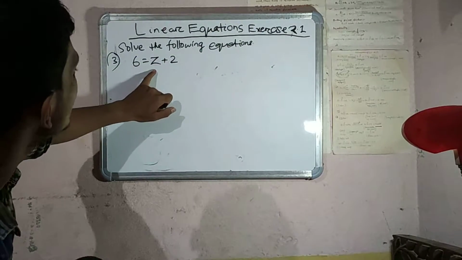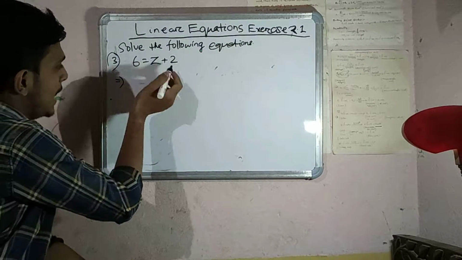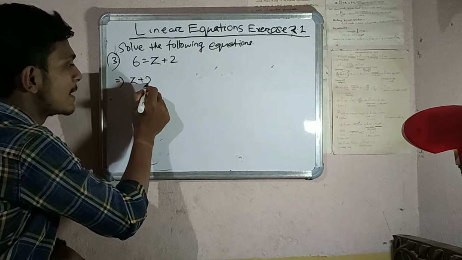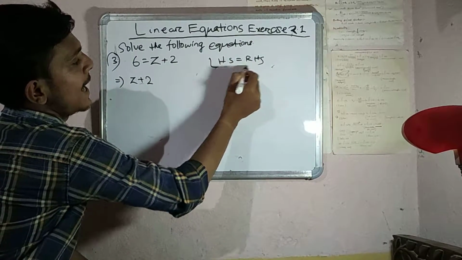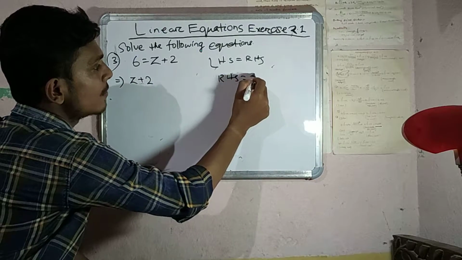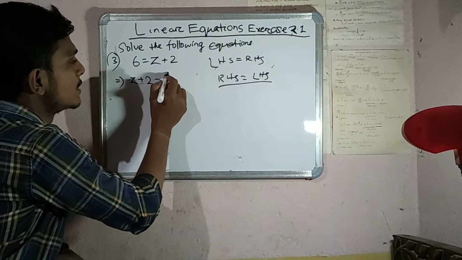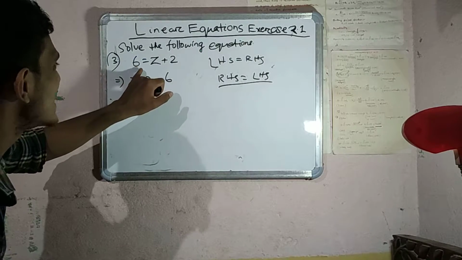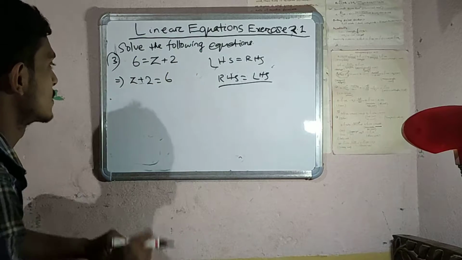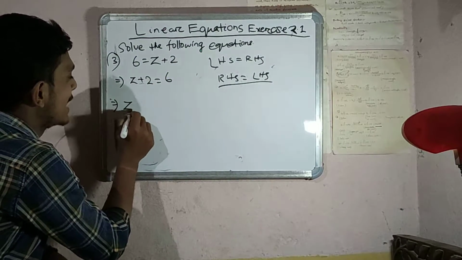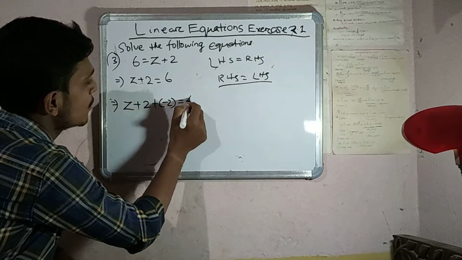Okay, the variable is z. So I can write it on the left hand side. If LHS is equal to RHS, then RHS is also equal to LHS. So for z plus 2, I change the side, LHS into RHS and RHS into LHS. Then the additive inverse of plus 2 is minus 2, so I can add minus 2 on both sides.